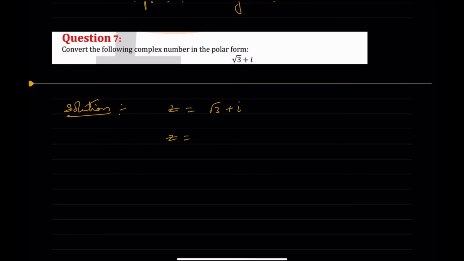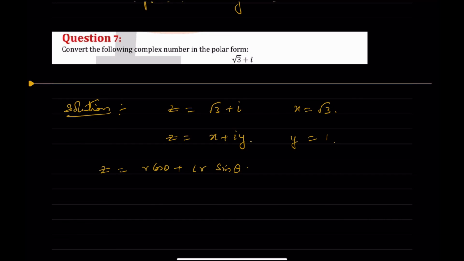So z is equal to x plus iy. Comparing this, x is equal to root 3, y is equal to 1. So the polar representation of this is given in the form r cos theta plus i r sin theta.